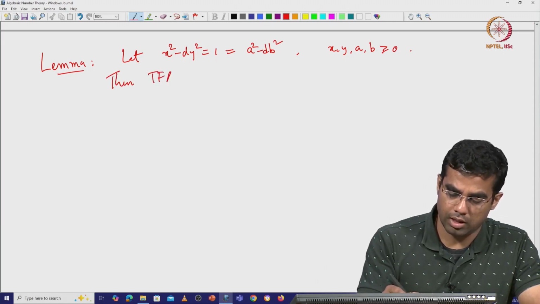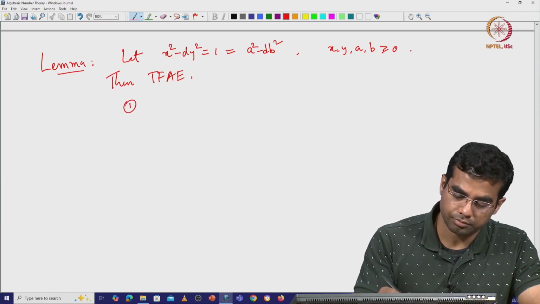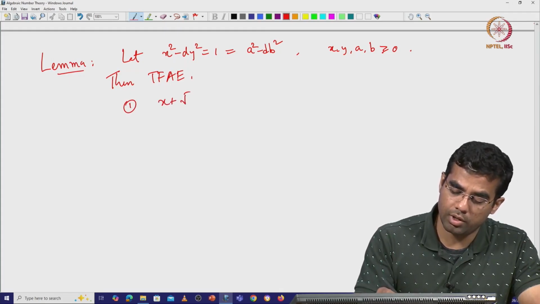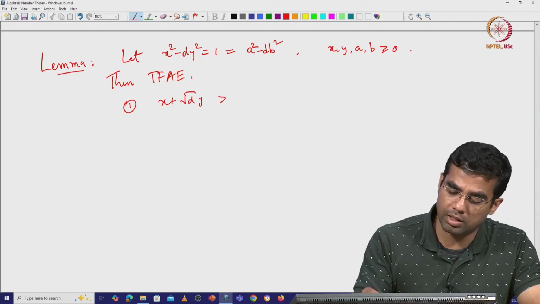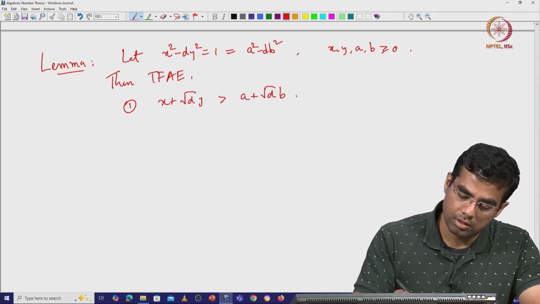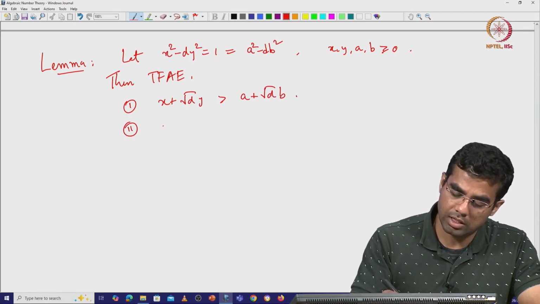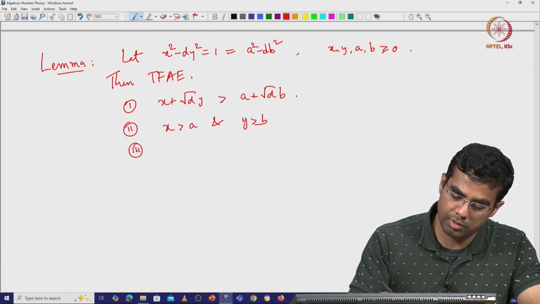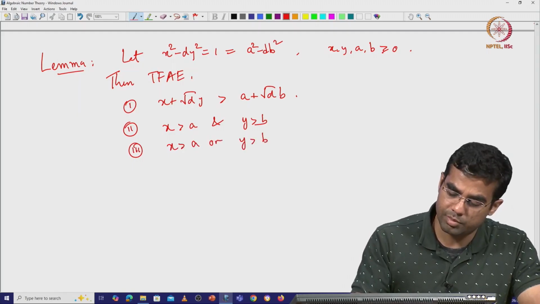Then the following are equivalent: the first statement is x plus square root of d y is bigger than a plus square root of d b. The second statement is that x is bigger than a and y is bigger than b, and the third statement is x is bigger than a or y is bigger than b.